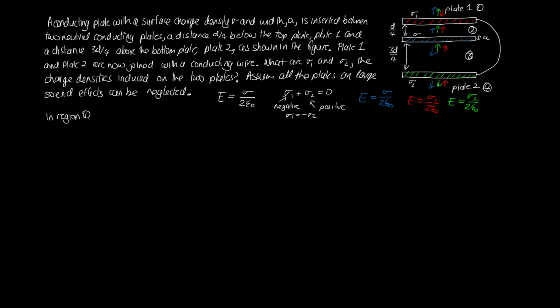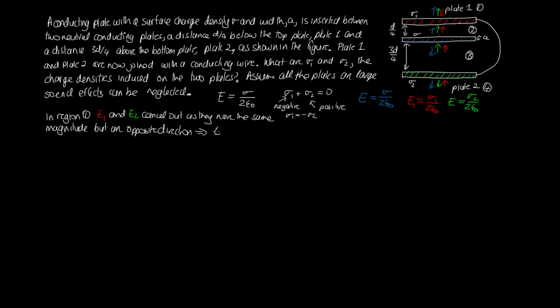So in region 1, E1 and E2 cancel out as they have the same magnitude but an opposite direction. So that tells us that the electric field in this region is just this blue one.